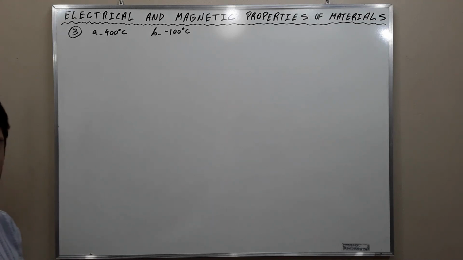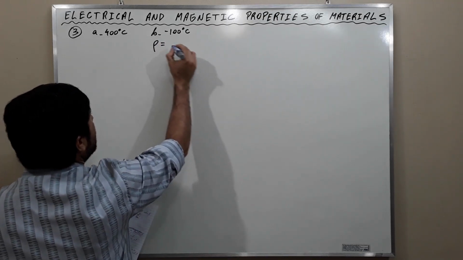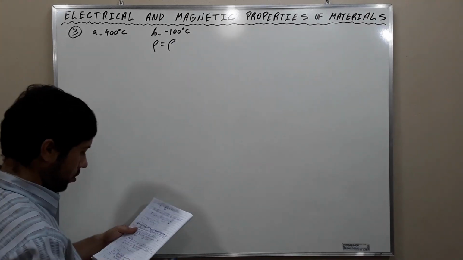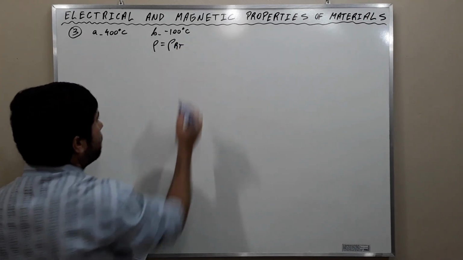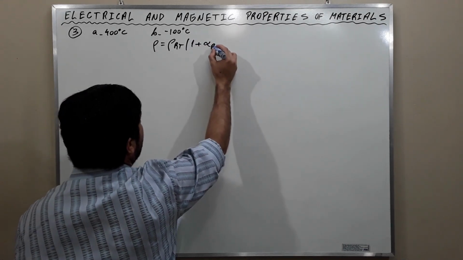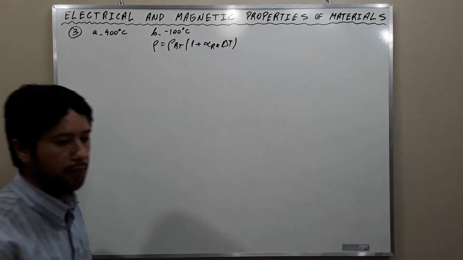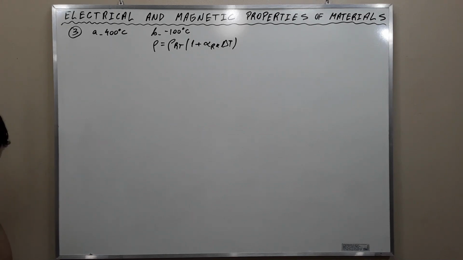To calculate the conductivity, we're going to use the temperature-dependent expression of resistivity. Rho equals rho RT times 1 plus alpha R times delta capital T, where rho RT is the resistivity at room temperature, which is 25 degrees Celsius.